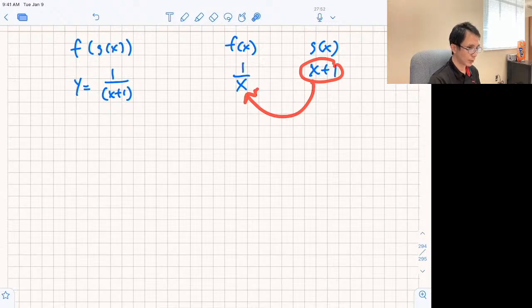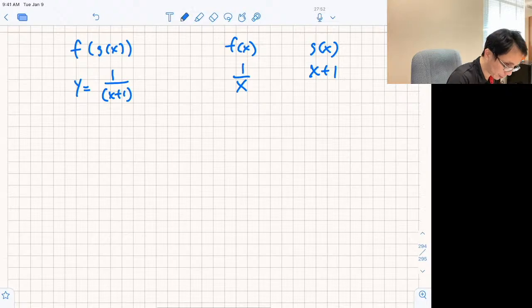So it will be 1 over x plus 1. That's called a composite function. It's a function within a function. You had to do that with the x plus h on your tests, figuring out what the equation is. But in this case I'll give you the equation and ask you what is within what. Very interesting.